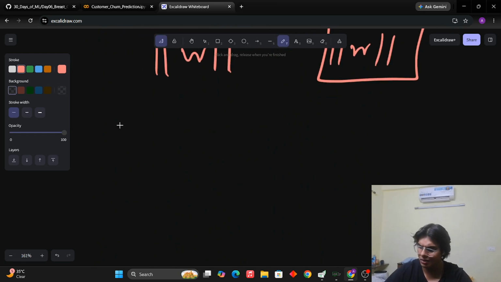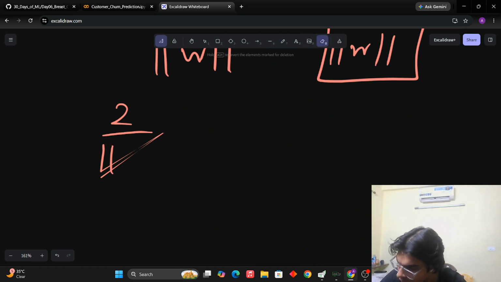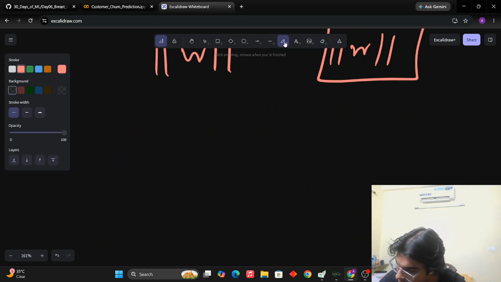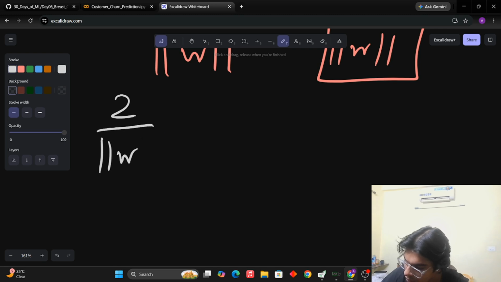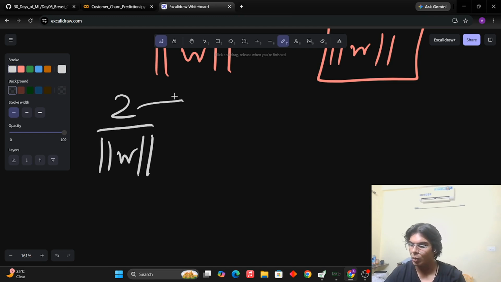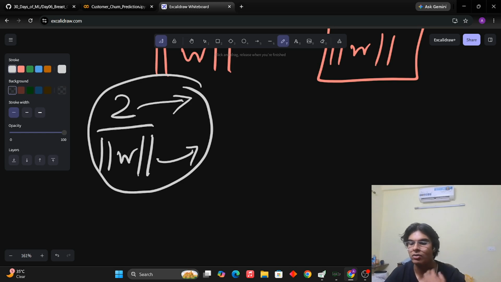See, if you look at it in a very simple way, 2 divided by modulus of W. The value of 2 is going to stay 2 because it is a number. So to maximize the value of this entire calculation, we need to minimize the value of mod W. The less this is, the higher the value of this entire thing is going to be.